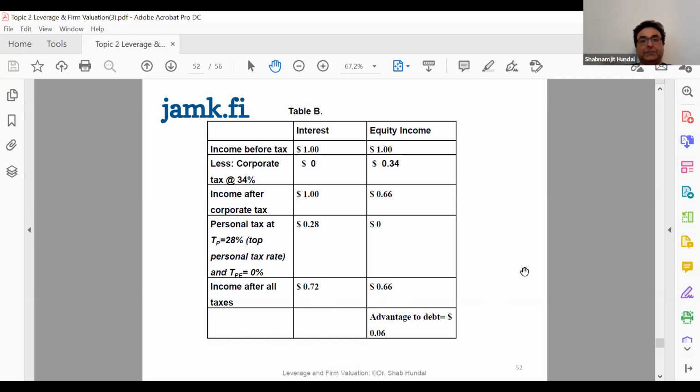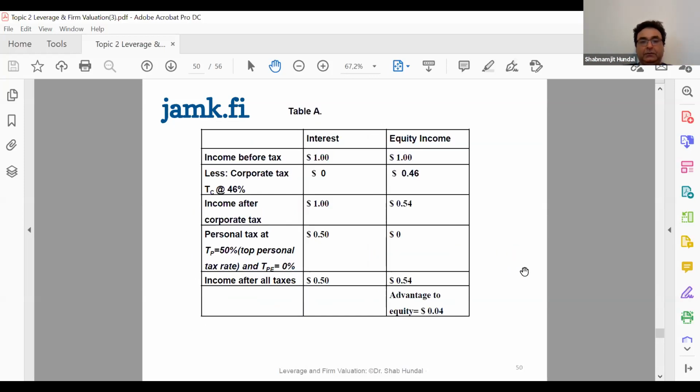So this relationship between the corporate tax rate and the personal income tax rates can make one form of financing or one form of financiers better off and the other form of financiers worse off. If you notice, in the last example, the personal income tax on the equity holder was 0%.